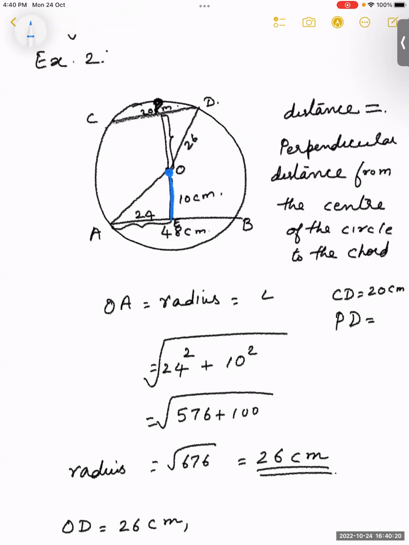So when OP is perpendicular to CD, the point P bisects CD. Now you understood?